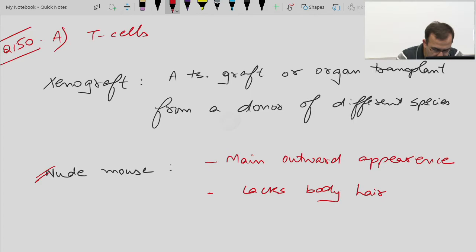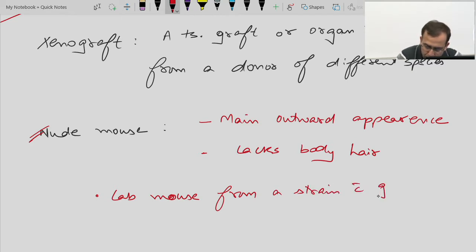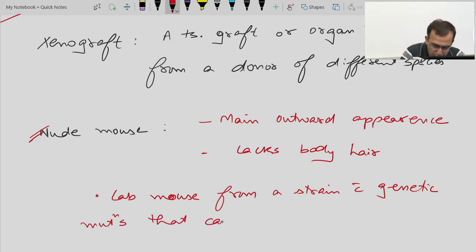A nude mouse is a lab mouse from a strain with genetic mutations that cause an absent thymus.